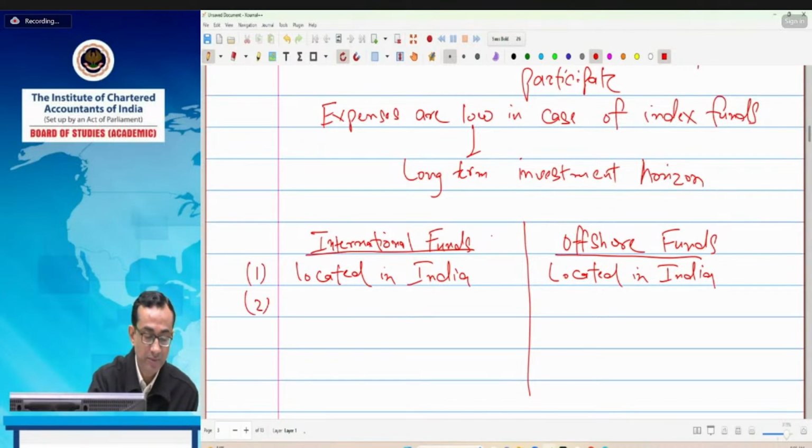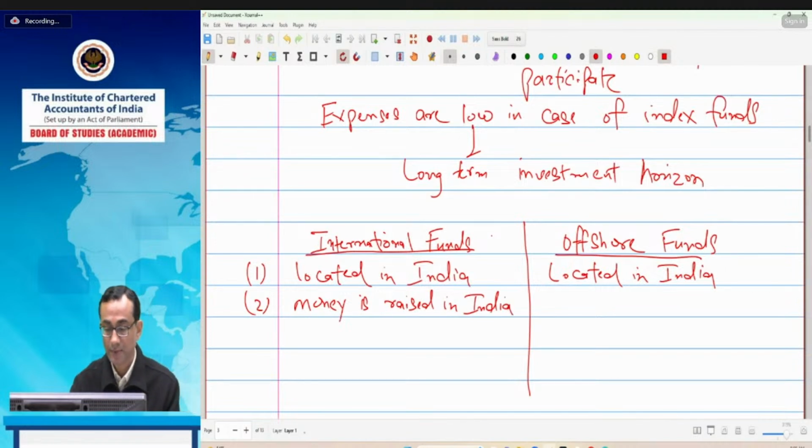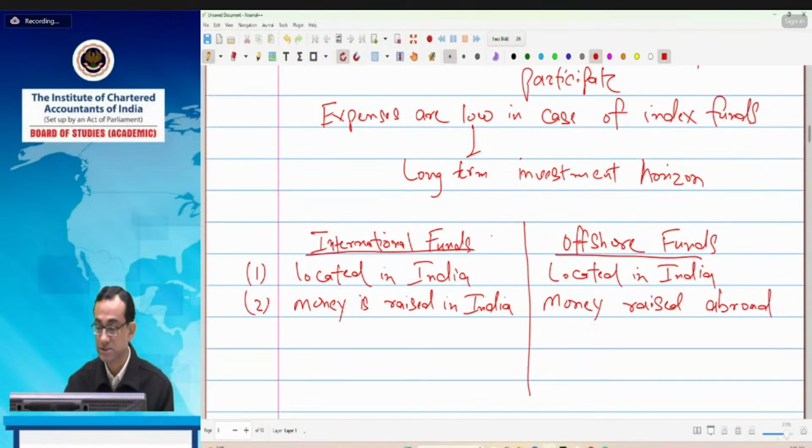Now come to the second point, which is, I think, the main point which differentiates between these two. In international funds, money is raised in India. And in offshore funds, money is raised abroad, outside India.